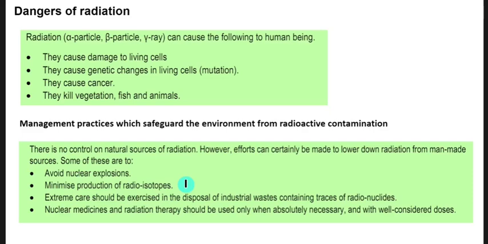They can only do that if it is really the only solution. Otherwise, at all costs, radiation shouldn't be the first thing to consider, but it should be the second when treating certain situations.